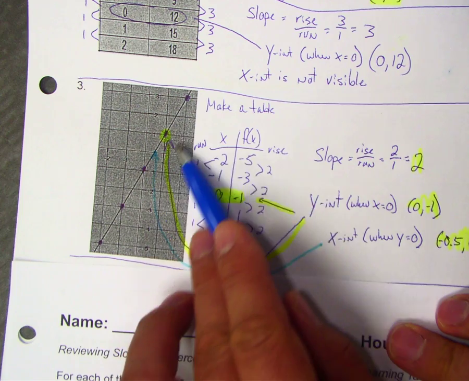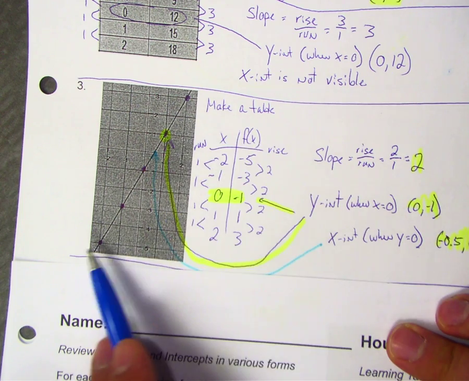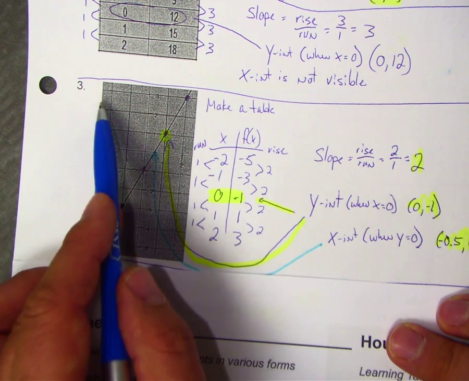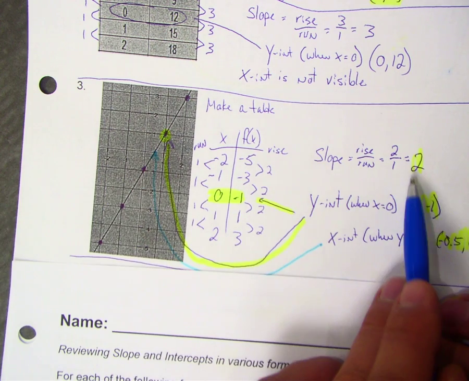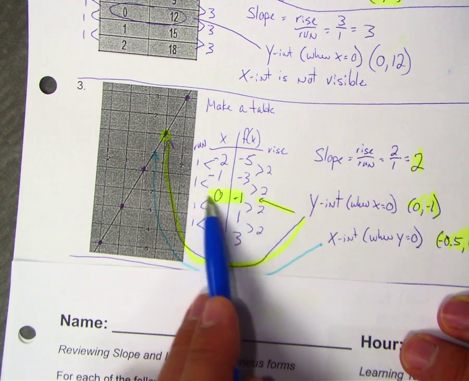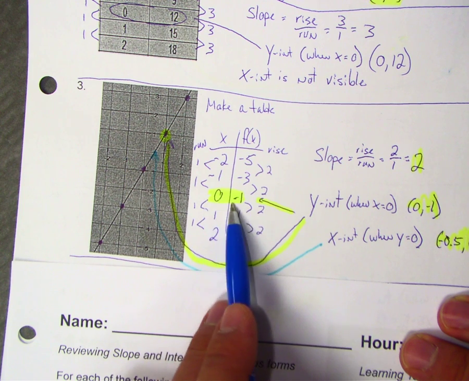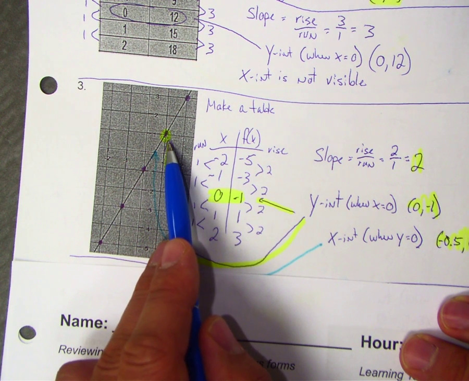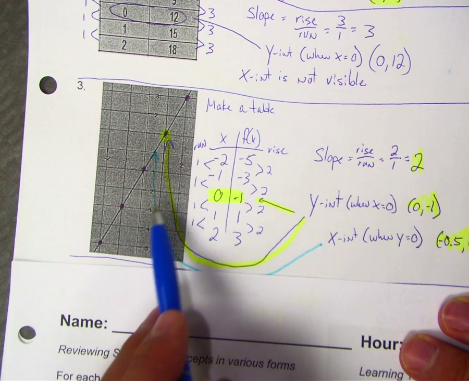And notice that the slope is positive, right? It's going up from left to right. If it was negative, it would be going down from left to right, and you'd have a negative value here. Your y-intercept you can see in the table is (0, negative 1). You can also see that in the graph as (0, negative 1).